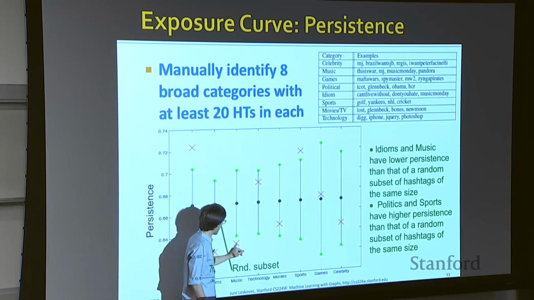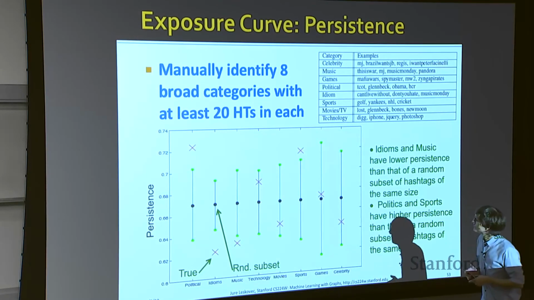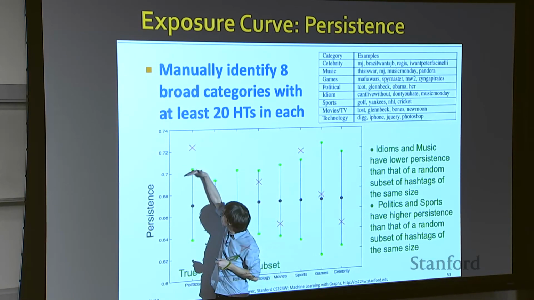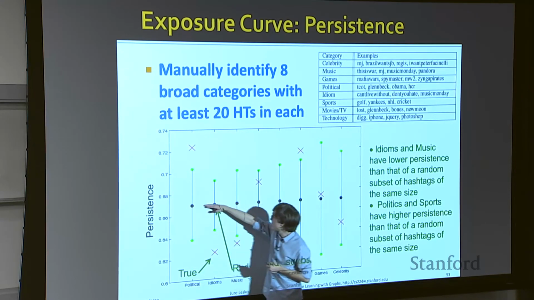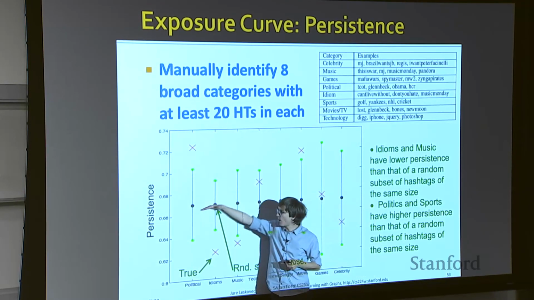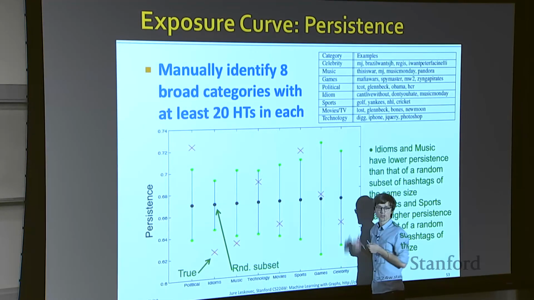So x's are truth, and they also come up with the null model, which is basically the average over all the topics, let's say, the average persistence across all the topics.